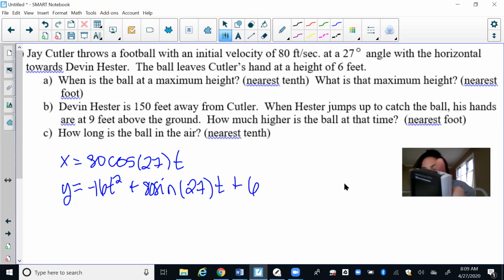Make sure that you end the parentheses around 27 before you type in the variable. And then negative 16 t squared plus 80 sine of 27 t plus 6.